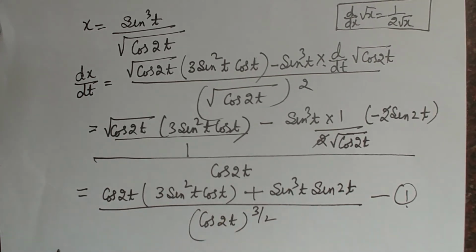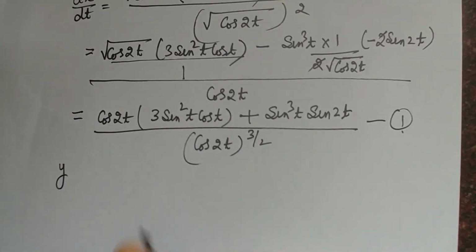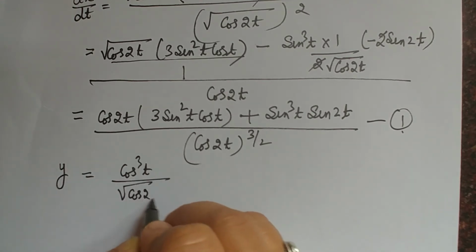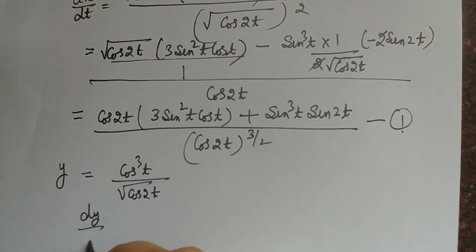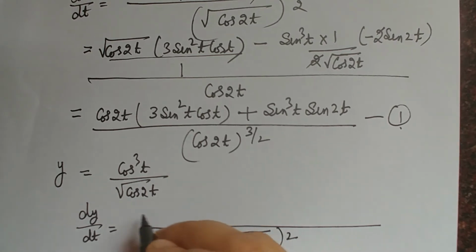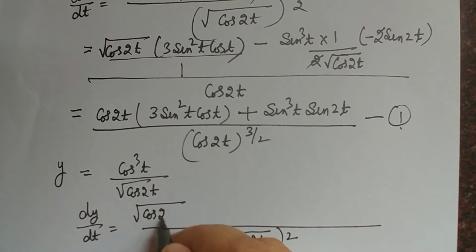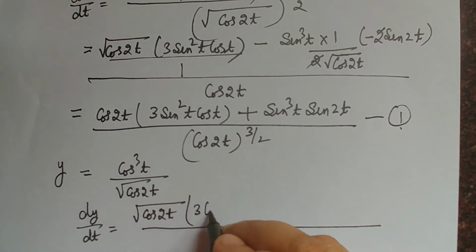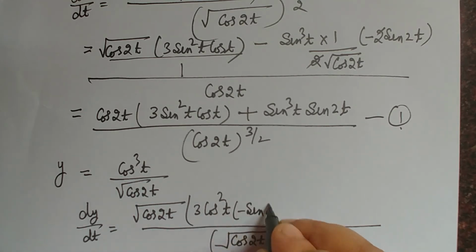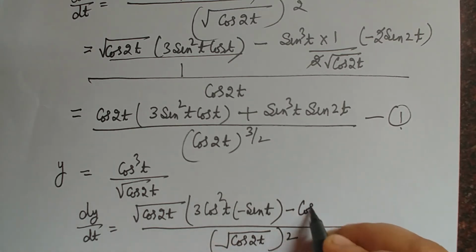So let's take the other function, that is y is equal to cos cube t upon root cos 2t. Again, using the quotient rule, dy by dt is equal to cos 2t, this whole square, then root of cos 2t, this is 3 cos square t into the derivative of cos, which is minus sin, and then minus cos cube t.